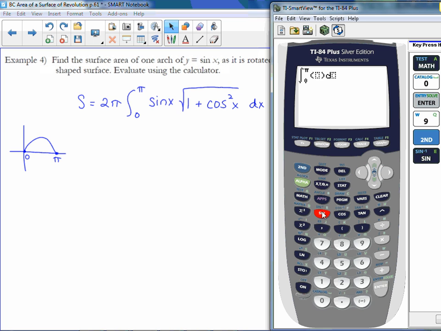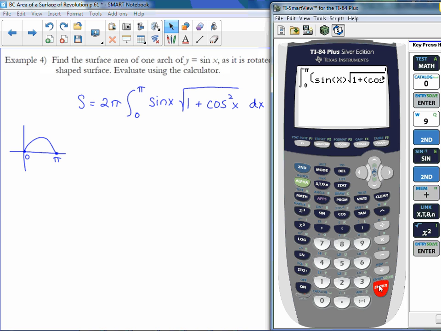So I'm going to hit sine, x, close parentheses, and then I'm going to hit second square root, 1 plus, and then I'm going to put in parentheses cosine x, close parentheses, close them one more time around cosine, square it. And then go to the right, and to the right. Okay, dx. So there's my x. And hopefully I didn't type anything incorrectly.